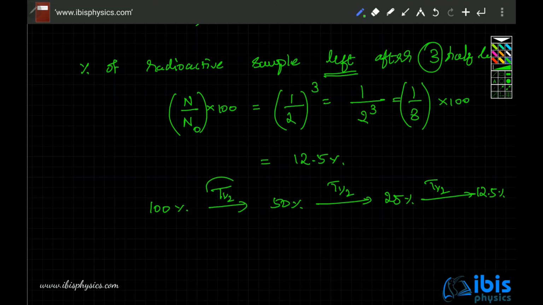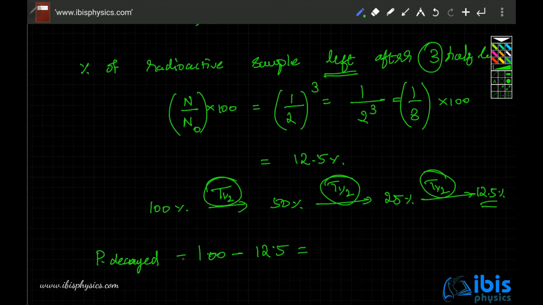Hence, after 3 half-lives, percentage left is 12.5. Percentage decayed is 100 minus percentage left. Percentage left is 12.5, so percentage decayed equals 100 minus 12.5, that is 87.5.